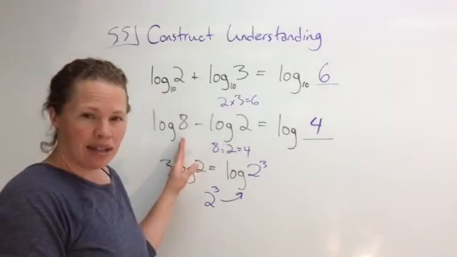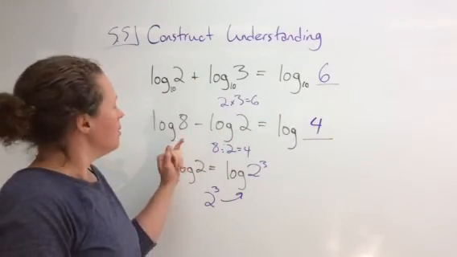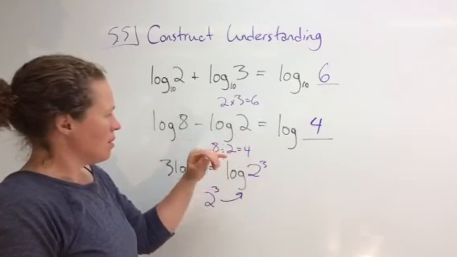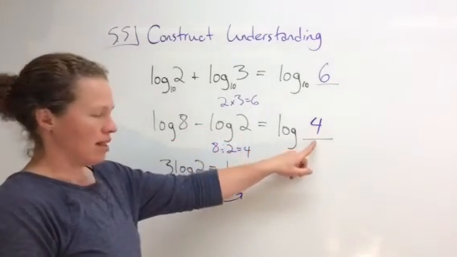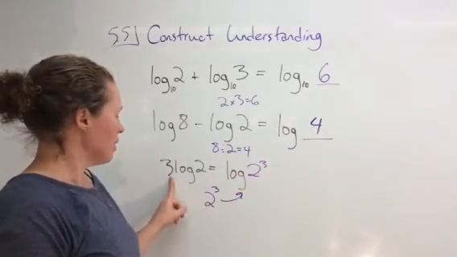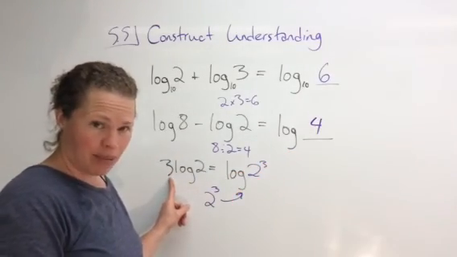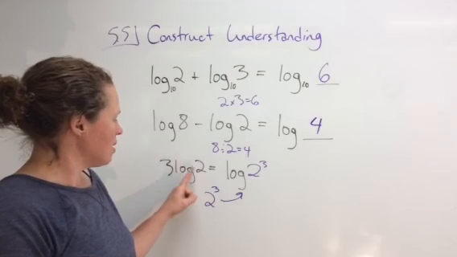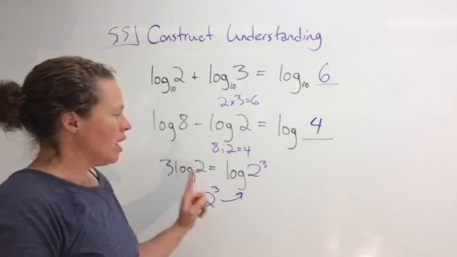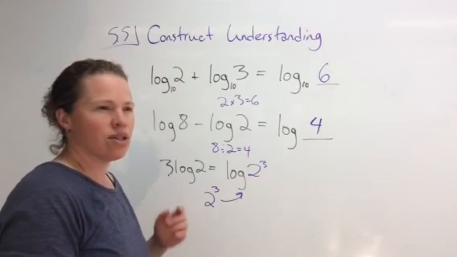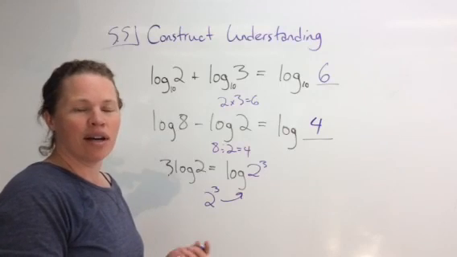If I'm subtracting with the same bases, I can take these 2 numbers and divide to get the final answer. If I have a wonky one where they're making me multiply, then I can raise this number to that power and get the final answer. So it's kind of the inverse of the exponent laws.